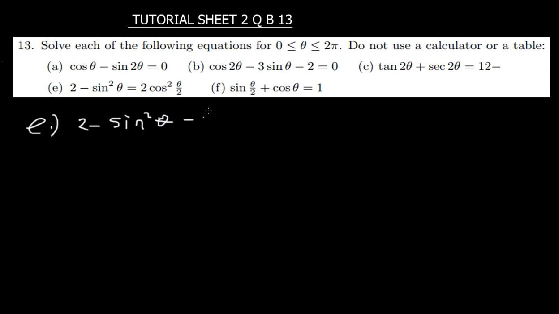I'll write 2, and then cos squared theta can also be written as 1 minus sine squared theta. This is an identity for cos squared theta. And then there you just have to simplify it now.